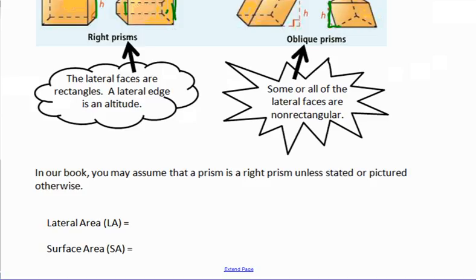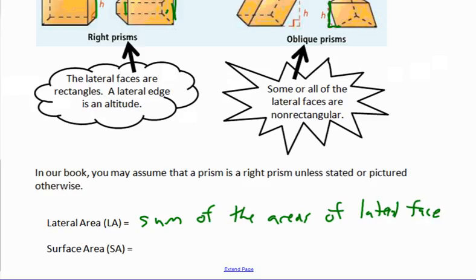The lateral area is the sum of all the areas of the lateral faces, whereas the regular surface area is the sum of the lateral area and the two bases.